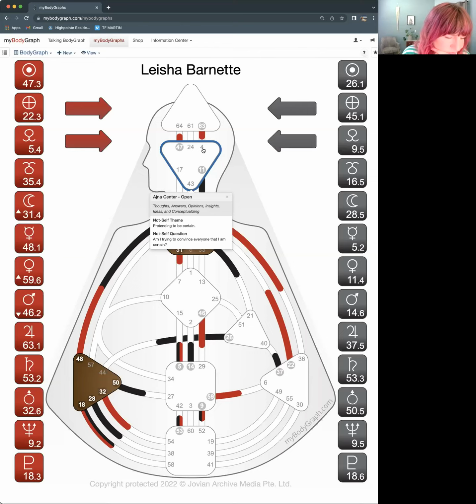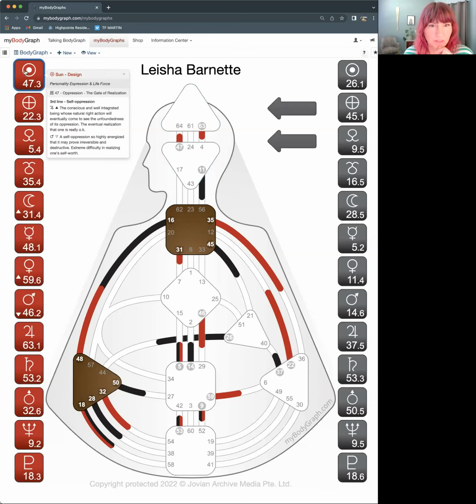So I'm making notes because we're learning from each other here. I don't have that one, but I might meet somebody that has that one and know more about them. I also find, of course, it's my design sun, so it's a major thing that I've been watching and observing.